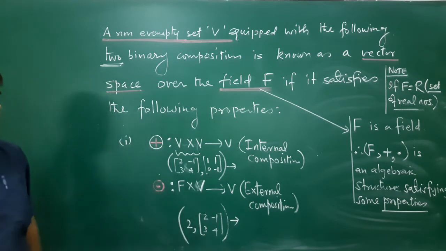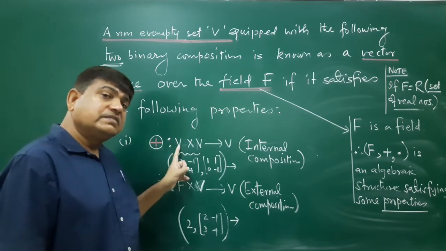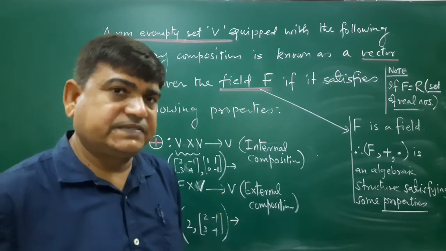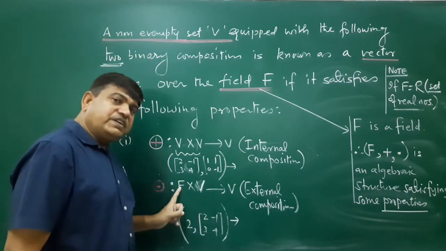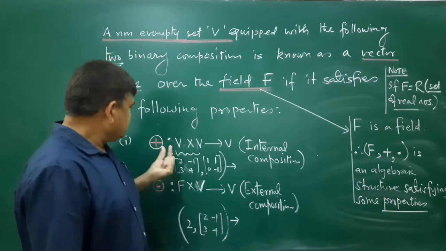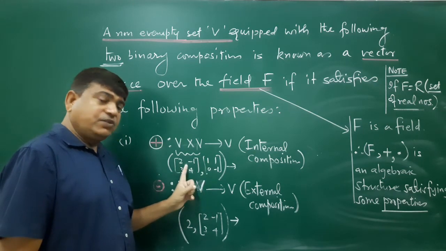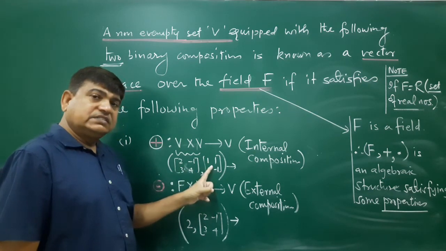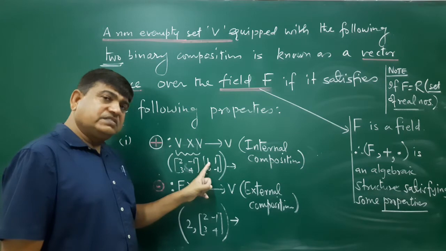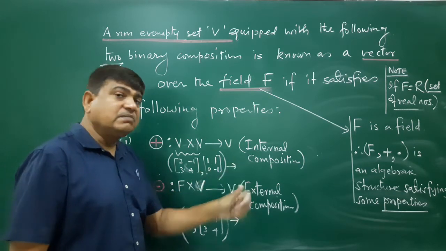What is V here? The set of matrices. What is F here? The set of real numbers. So plus means addition of these two. If we add these two matrices of order 2 by 2, the answer is again a matrix.